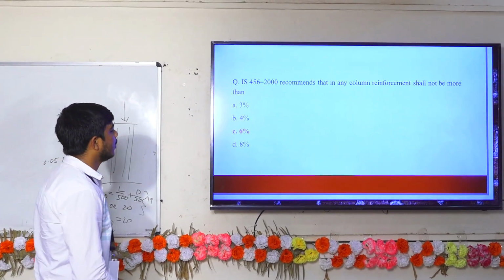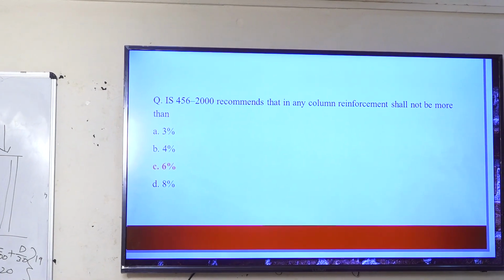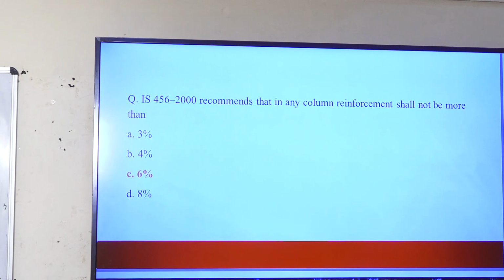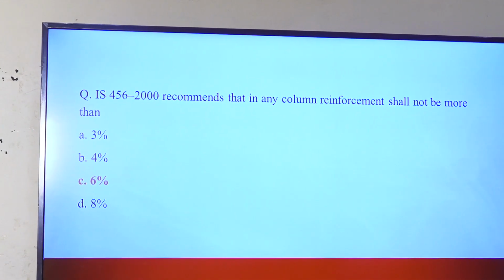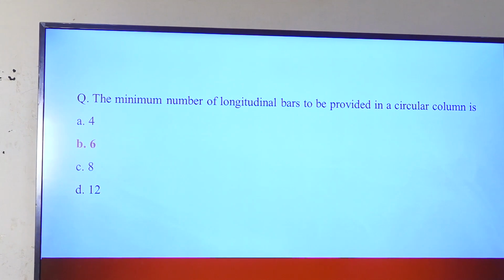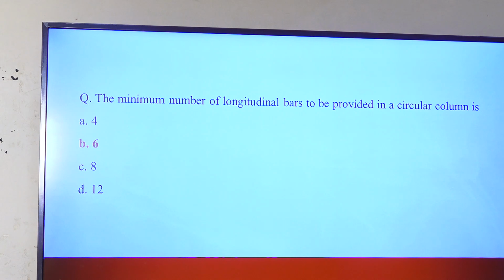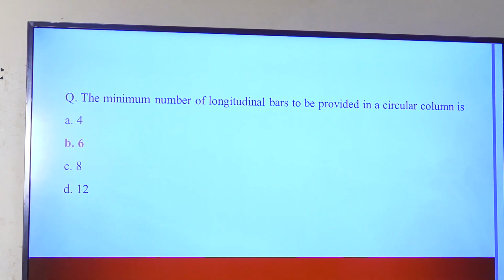Here we can see, IS 456-2000 recommends that in any column reinforcement shall not be more than, what is the maximum value of reinforcement? We saw that 6% of gross area. Next, the minimum number of longitudinal bars to be provided in a circular column is 6.